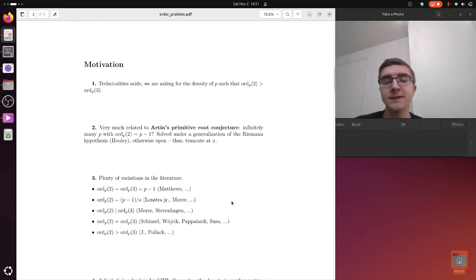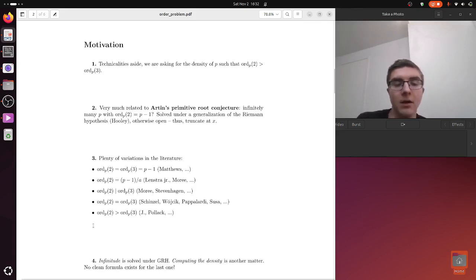And lots of variations of the conjecture have been studied. Let me name a few. First, one can look at simultaneous primitive roots. Second, one can look at near primitive roots. And third, one can look at a so-called two-variable Artin conjecture. And finally, one can also look at the equality of orders and the ordering of the multiplicative orders modulo p.